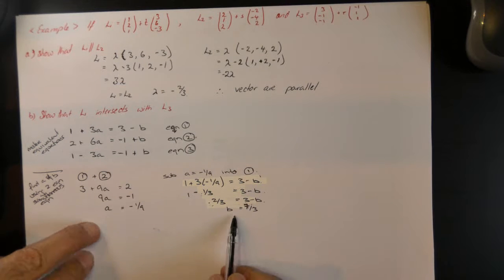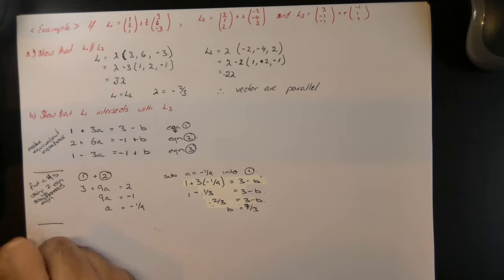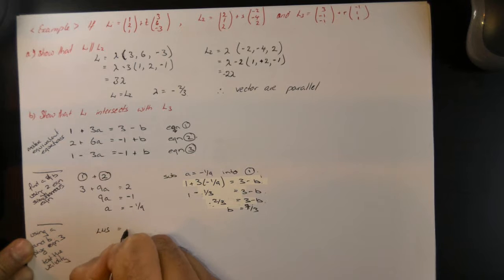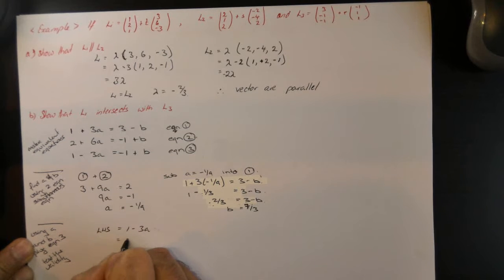Okay, so I've got an a and I've got a b value. Now using our new a and b, we're going to plug into equation 3 and test the validity. On the left-hand side, we get 1 minus 3 lots of negative 1/9. So we get 4/3.